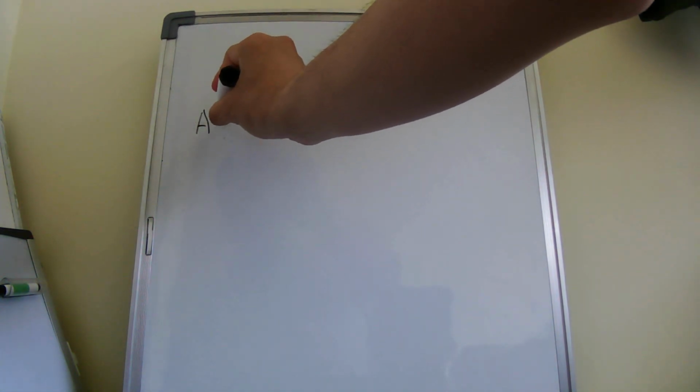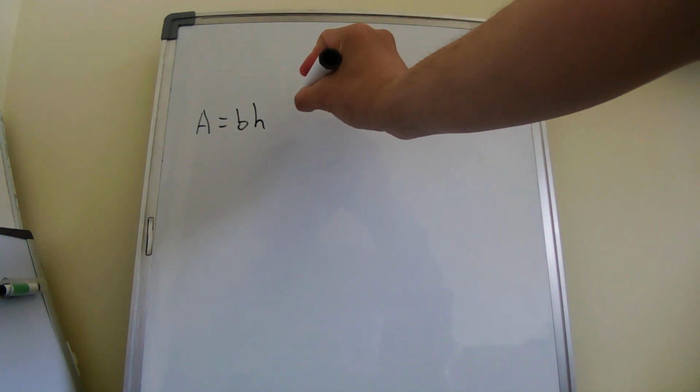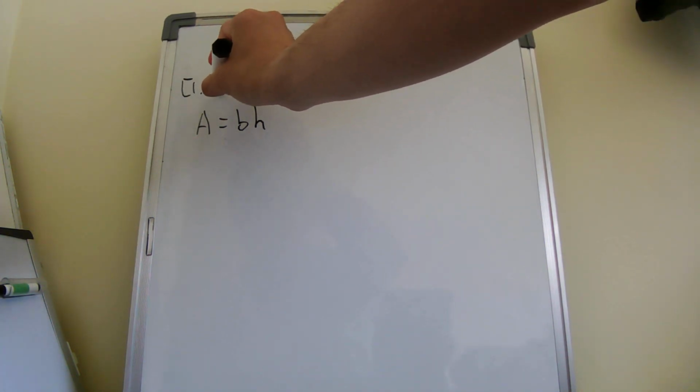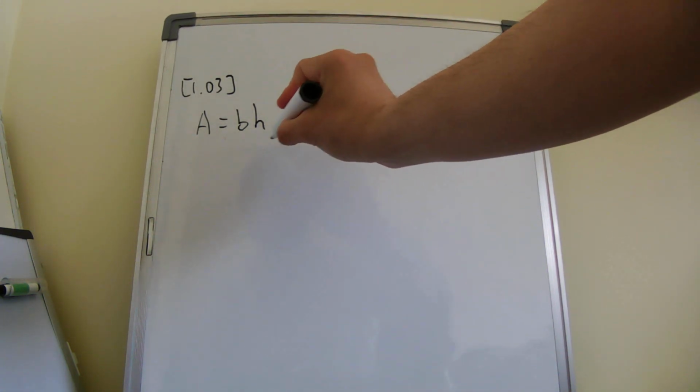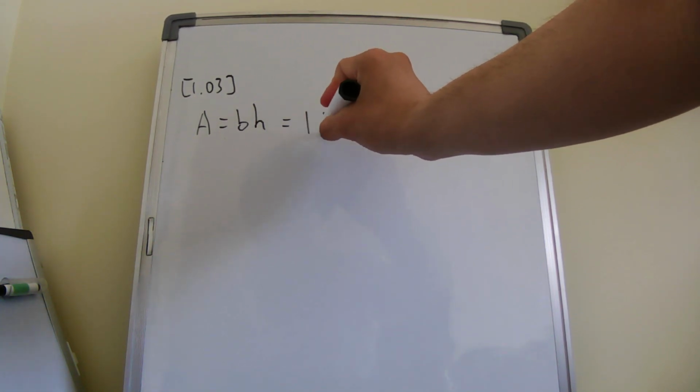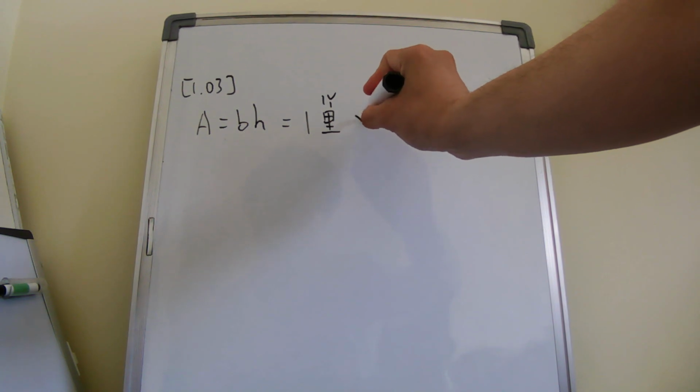So basically, we just have to do unit conversions for each length because the area is just base times height. That's a basic formula. So for the first problem, maybe I'll go write problem 1.03 here. It's based on the height, that would just be 1 li. Maybe I'll just write it in Chinese characters here and multiply that.